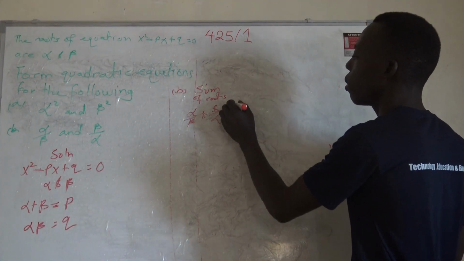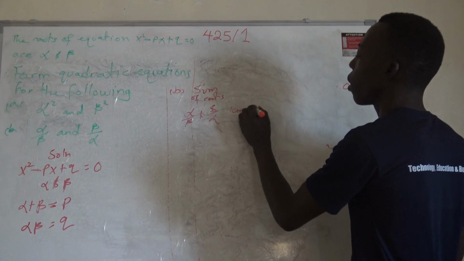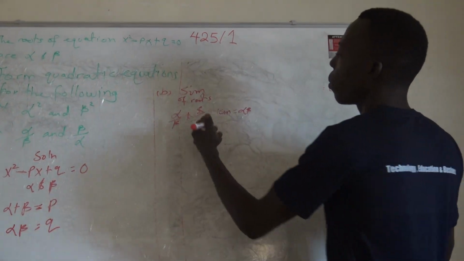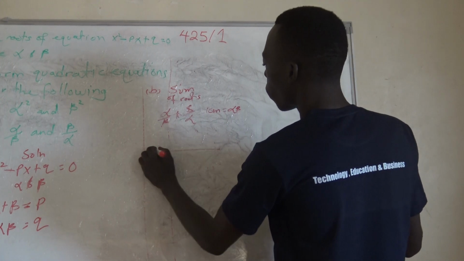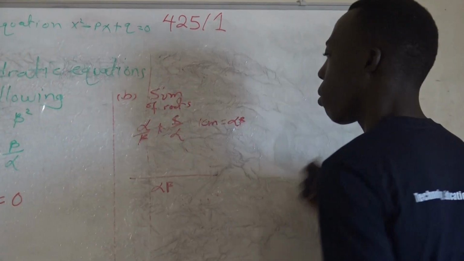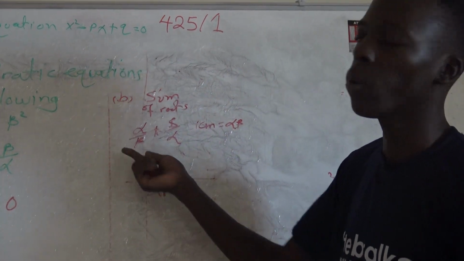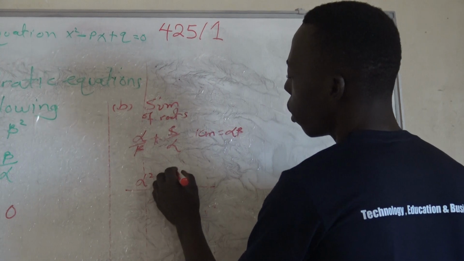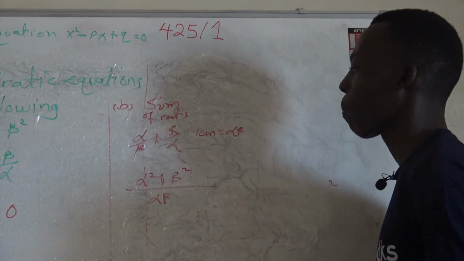For this, the LCM is alpha beta. So after getting the LCM, we continue. Dividing the LCM alpha beta by beta gives alpha, so it becomes alpha squared, also this one plus beta squared.